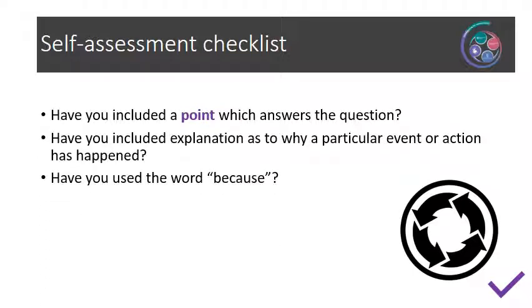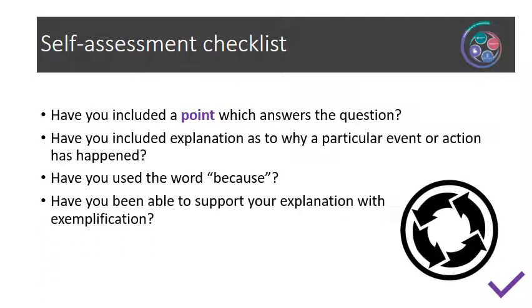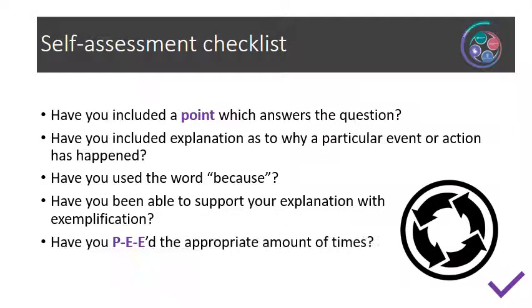And therefore, have you included the word because somewhere within that section of your response? And have you, a little bit like the describe questions, been able to back it up with an example where possible? Also, ensure that you have PEE'd the appropriate amount of times, whether it's 2 or 3 times based on the 6 or 8-mark responses.